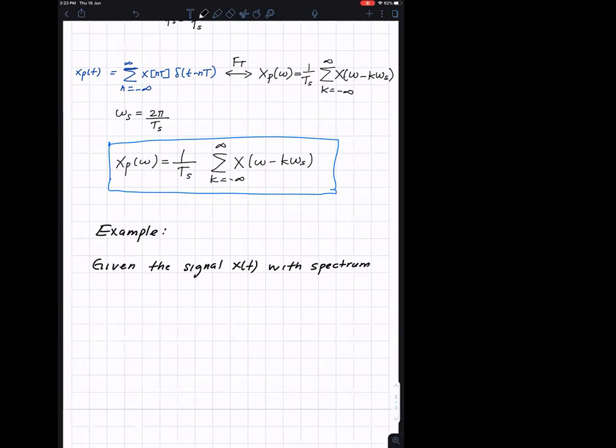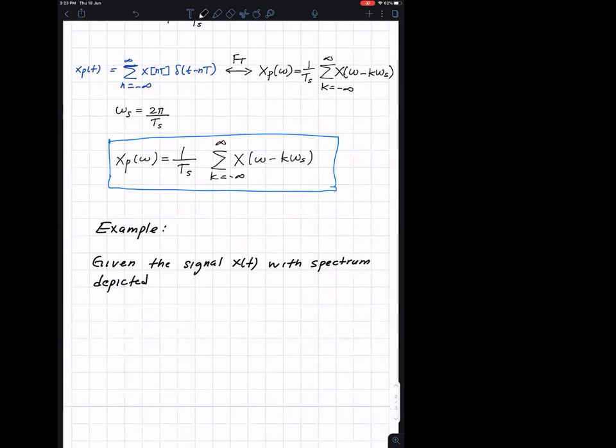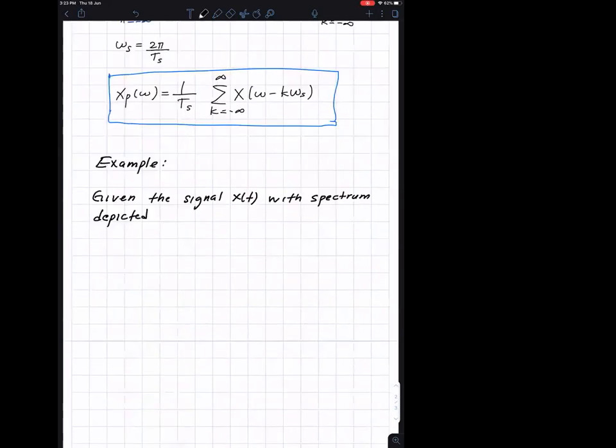When you mention spectrum, you're talking about the frequency, the Fourier transform of x(t), depicted as X(omega).